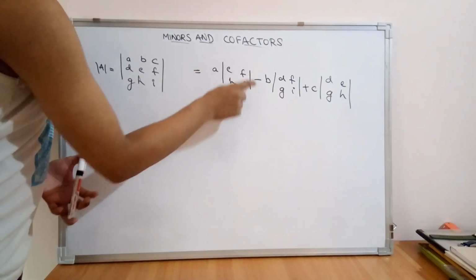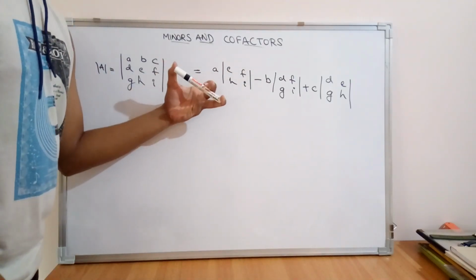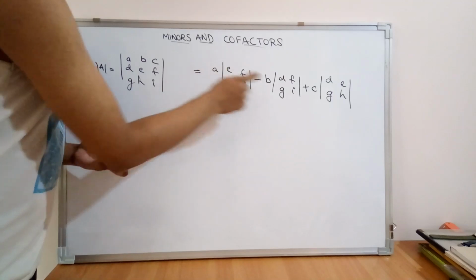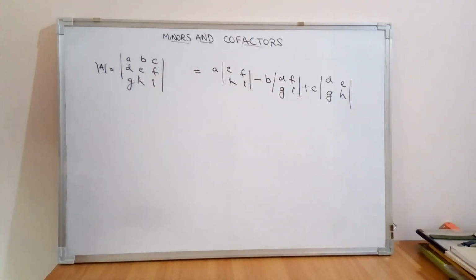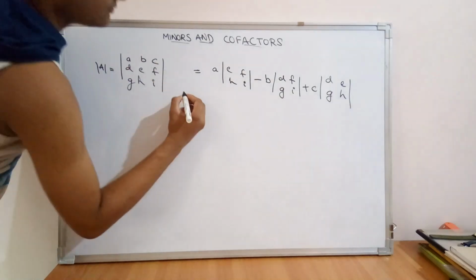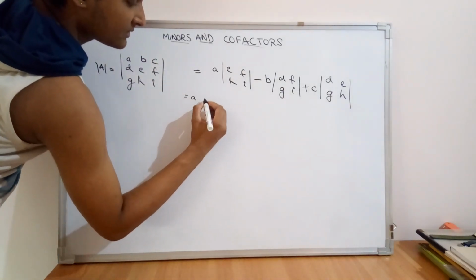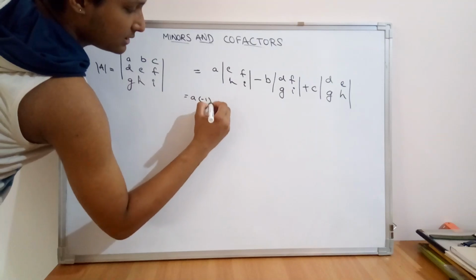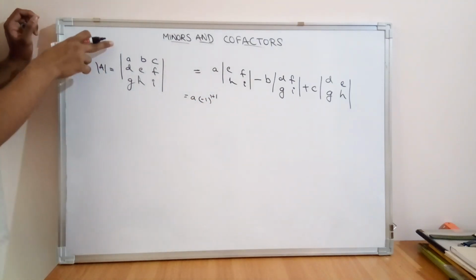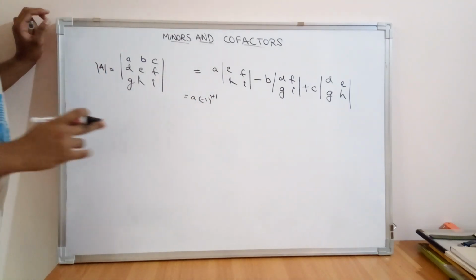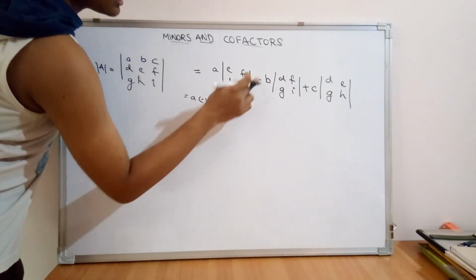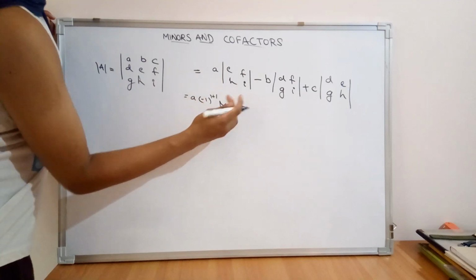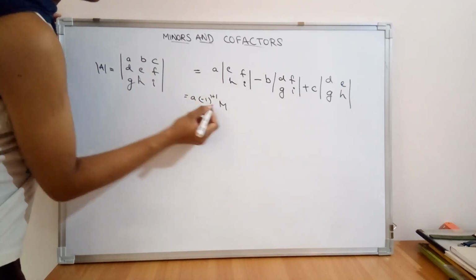These are the cofactors of this A. So this is the cofactor of A, this is the cofactor of B, and this is the cofactor of C. So we can take A outside, and it is going to be minus 1 whole raised to 1 plus 1, because it is in the 1, 1 position. So 1 plus 1, into this minor. This I can just consider to be the minor, excluding this minus 1 thing.